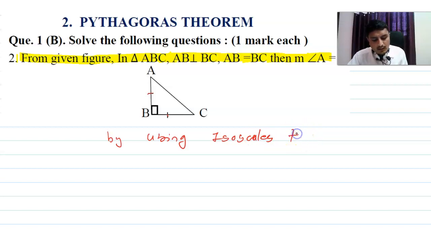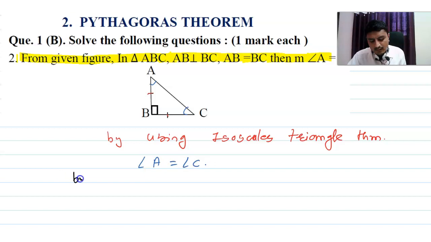That means the angles which lie opposite to the congruent sides are congruent. The opposite angle of AB is angle C, and the opposite angle of BC is angle A. So angle A is equal to angle C.